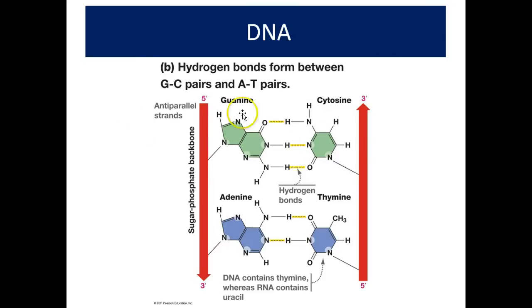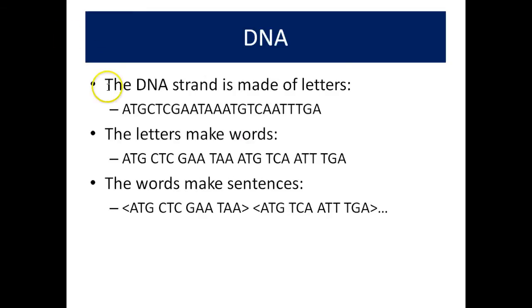Now DNA, which is what we're going to focus on here for a little while, is, again, a double-stranded molecule which consists of letters. And the DNA strand, if you just take one strand, is made up of letters. If you think about it, these letters each make up words that consist of a triplet of nitrogenous bases.